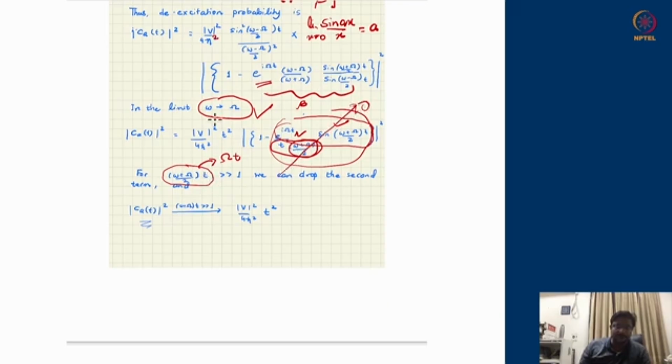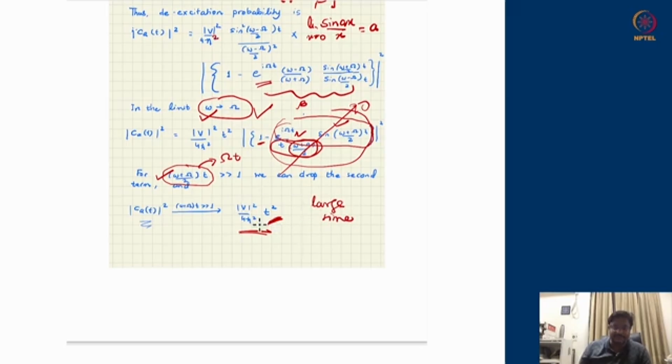In these two limits, the first limit was this, the second limit was this. Under these two approximations, the second term inside the bracket can be forgotten, and all I am left with is the first term. The first term was 1. So I see that in these two limits, the transition probability, or probability to be found in the ground state, scales quadratically with time, as t squared. This is a result for large time. Previously, we had written the small time result.